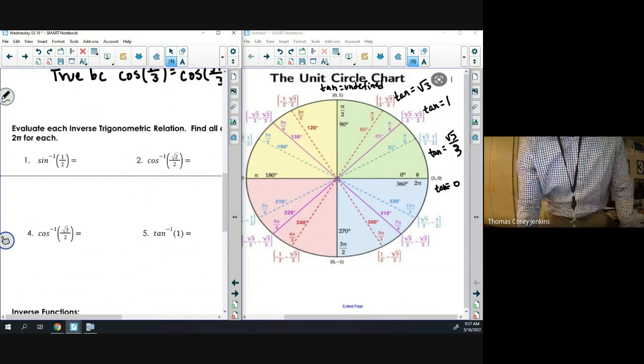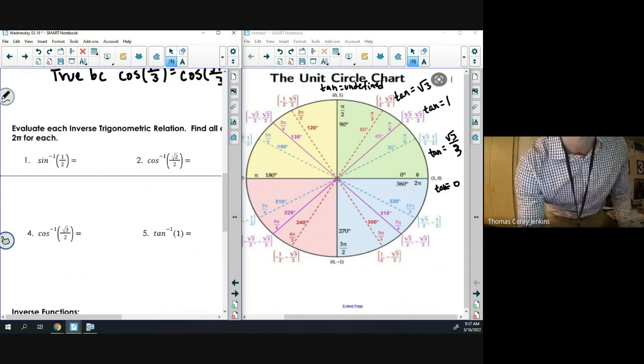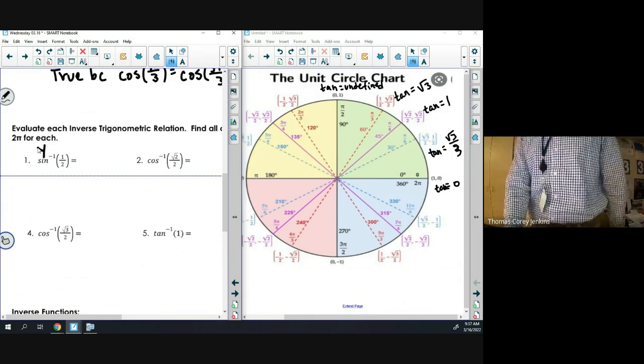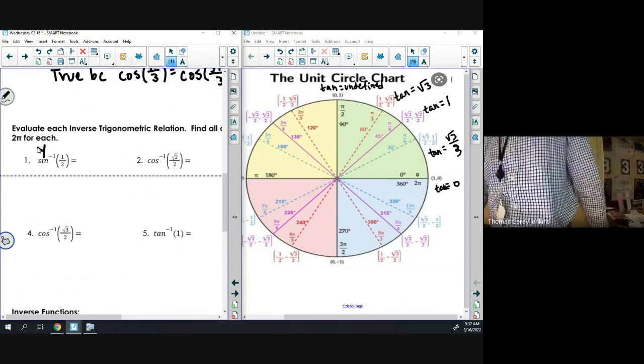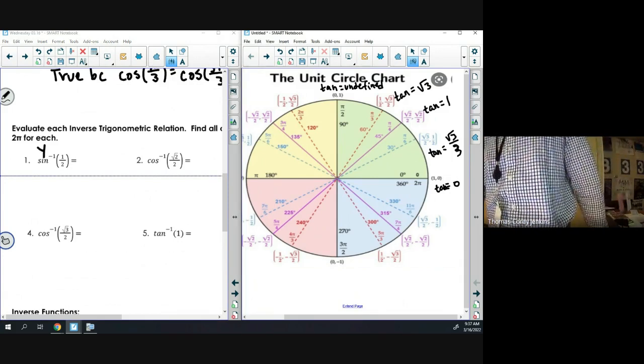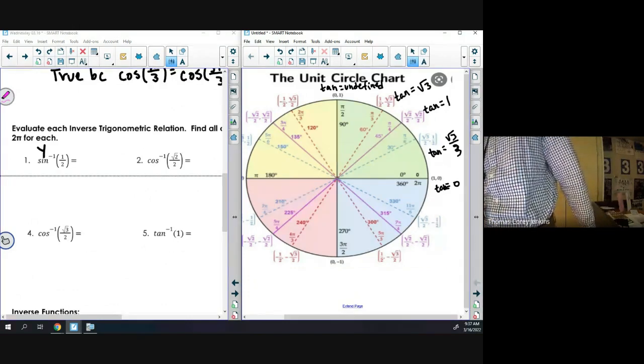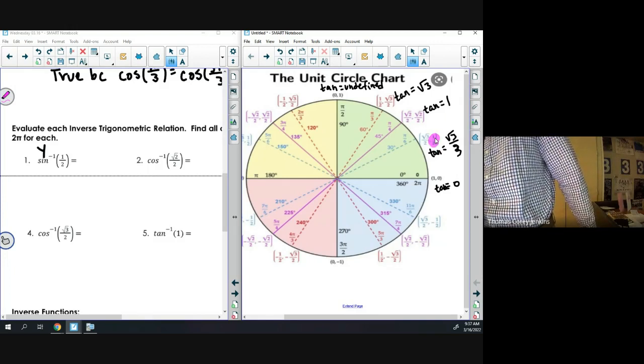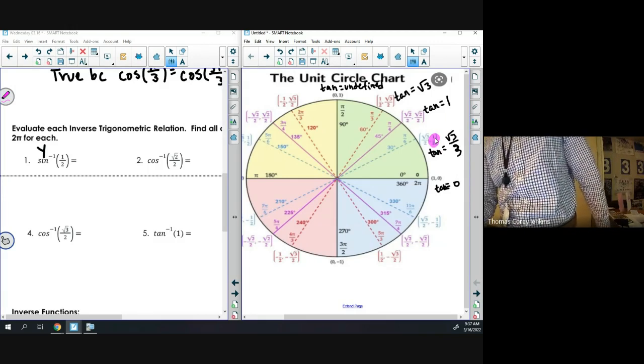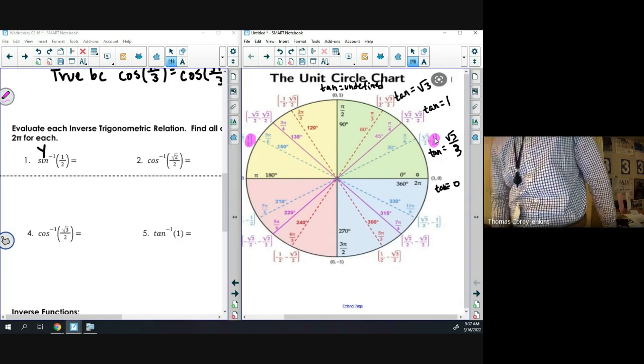Or sorry, arc sine. So I think about sine first, and that's associated with y. So then I look on my unit circle for where y is equal to positive 1/2. All right, so that would be here and over across here, right?